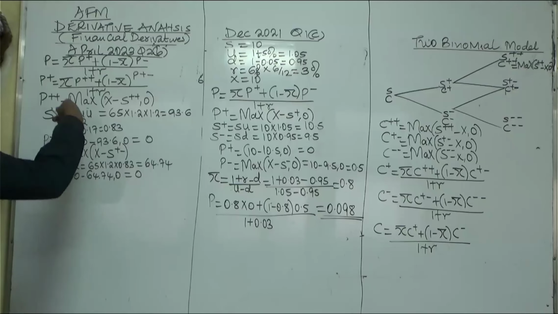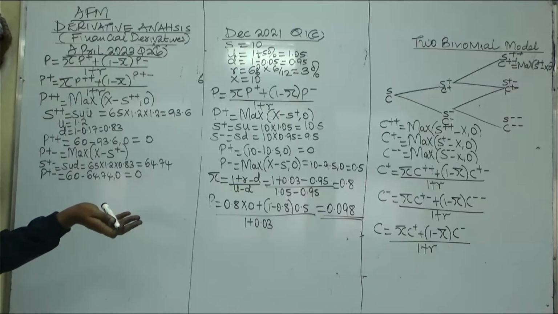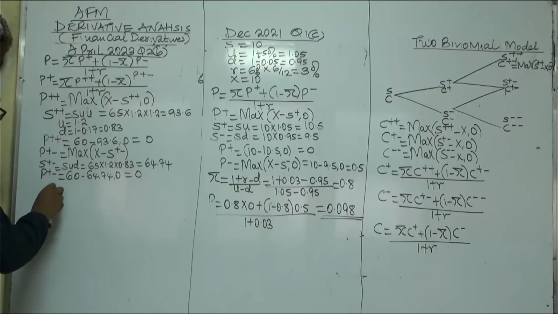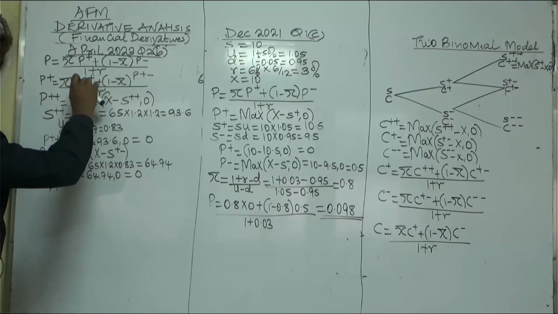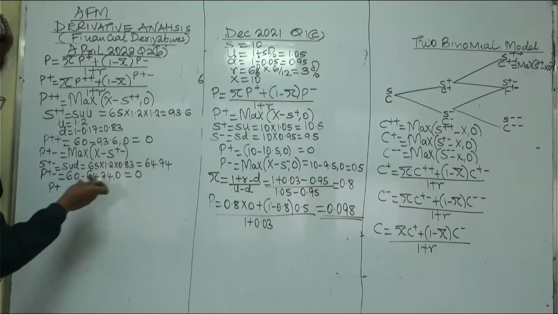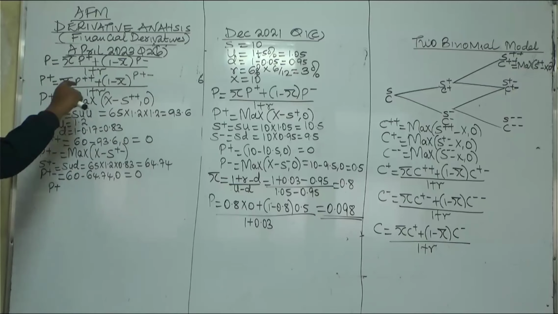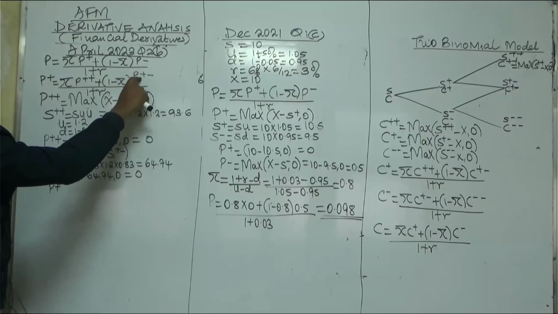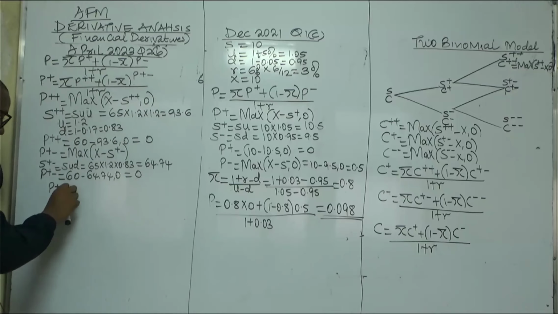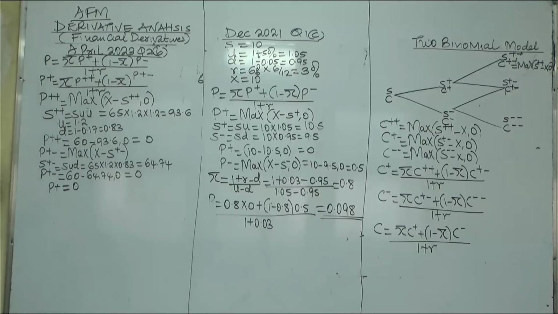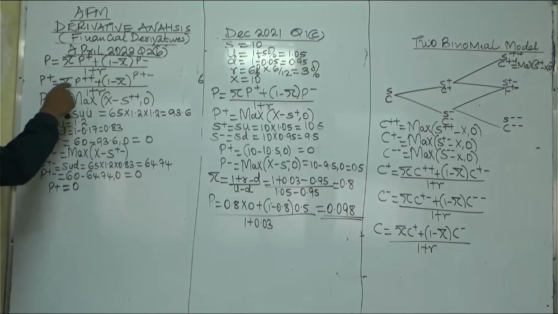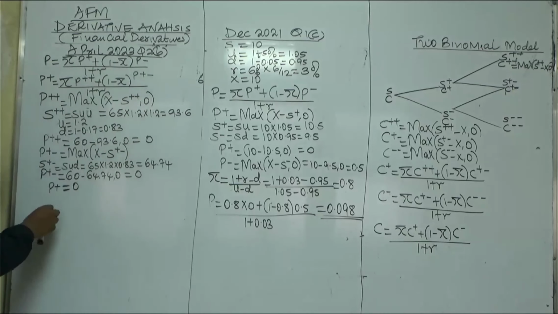That means there is no need of looking for P plus, because automatically both of these are 0. If I multiply, P plus will be 0.